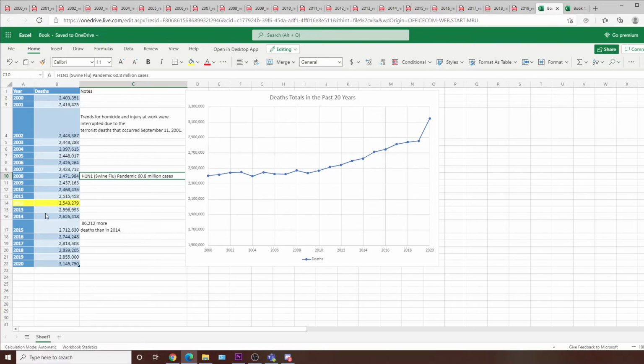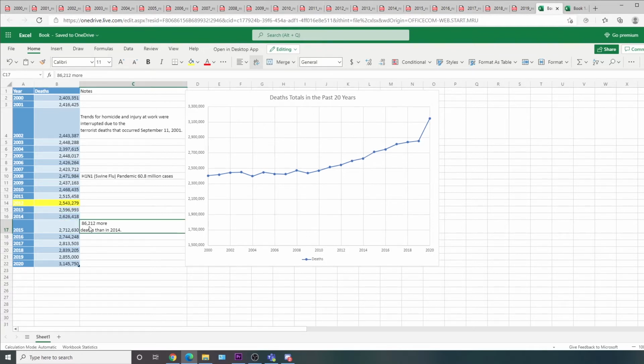What I do find interesting is that we start going with an incline after 2011, and it's a very steady incline. In 2011 we stayed at 2.5 million to about 2014, when we were at 2.6, but then we went from 2.6 million deaths to 2.7, so we jumped about 100,000 deaths within a year.